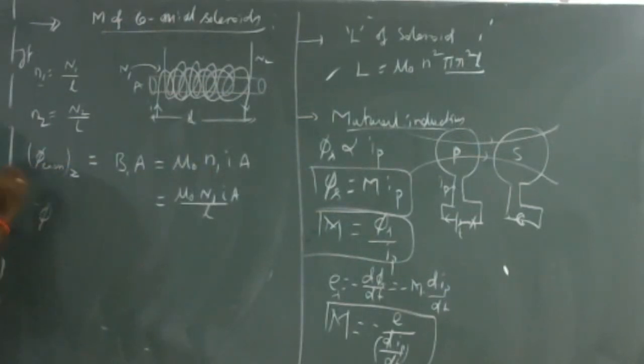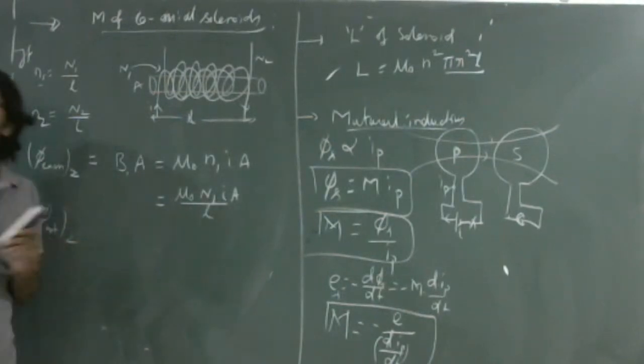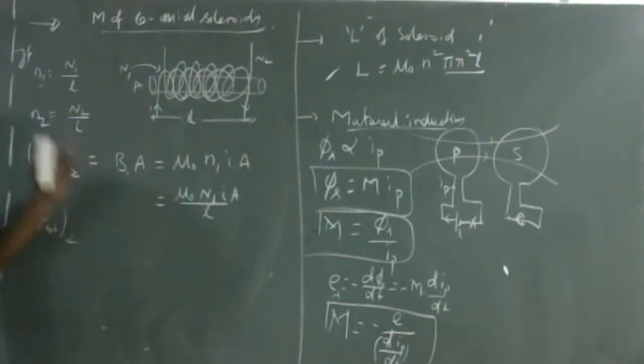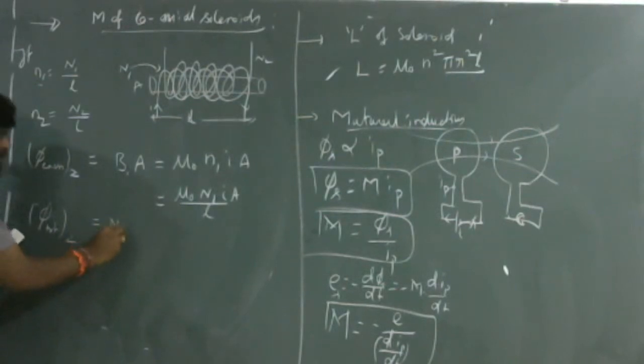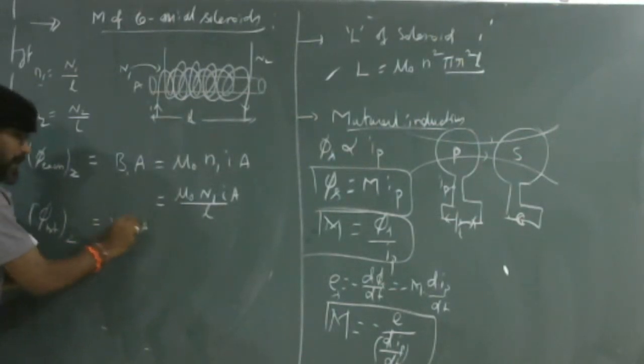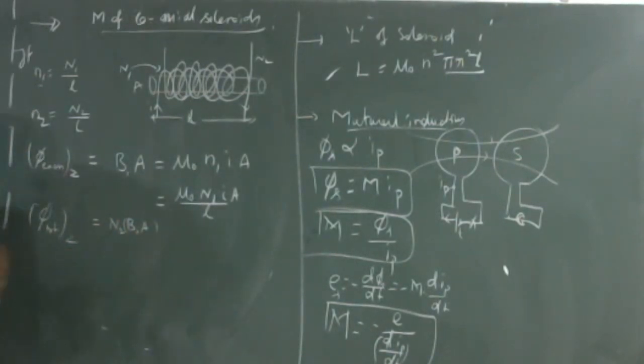Whereas the total flux linking with the secondary coil, the whole solenoid having N2 number of turns, is equal to N2 into B1A.